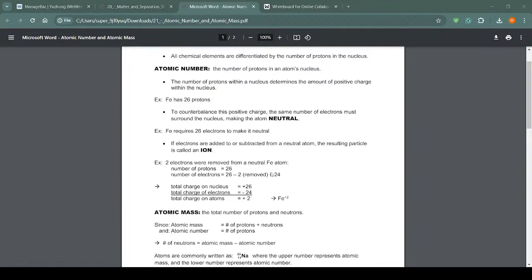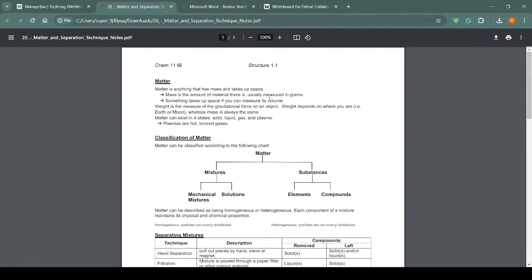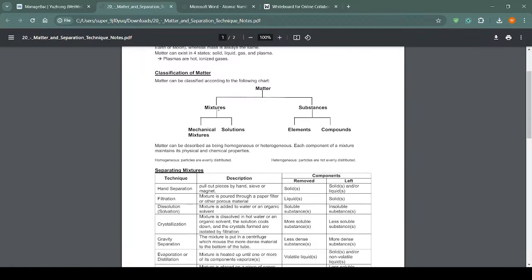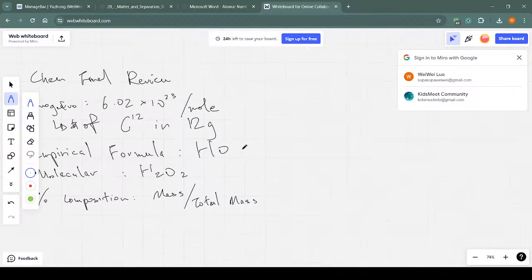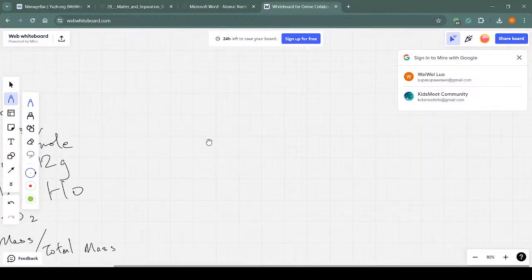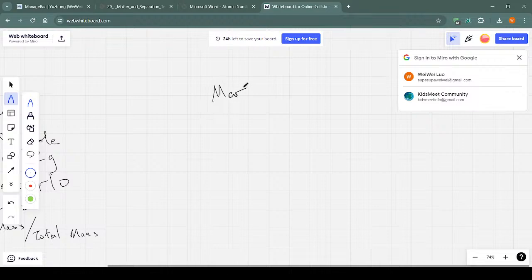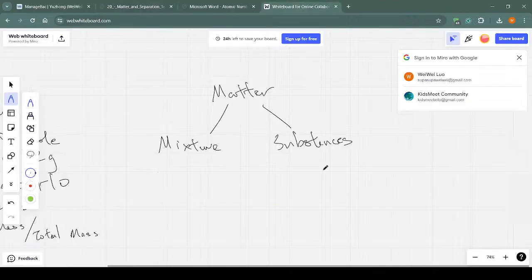Wait, chat. Do you know what booklets we get? Do we need to memorize all the polyatomics and stuff, right? There's mechanical solutions.